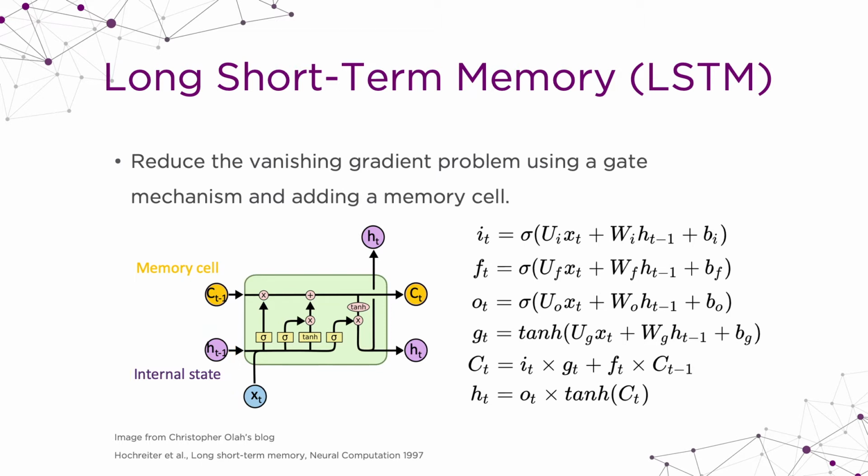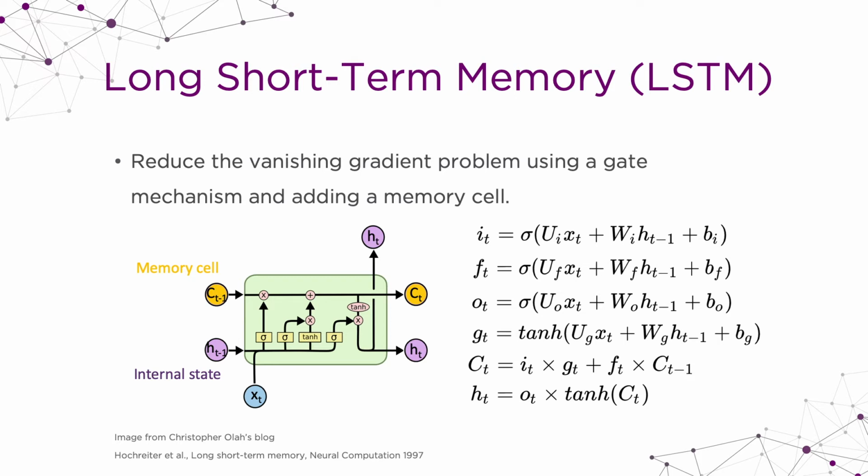But now we also have this memory cell, which I called C. The intuition is that the memory cell is hopefully learning to allow the information to flow for many steps, so that it can be available far away when I need it. And we will see how this will happen.